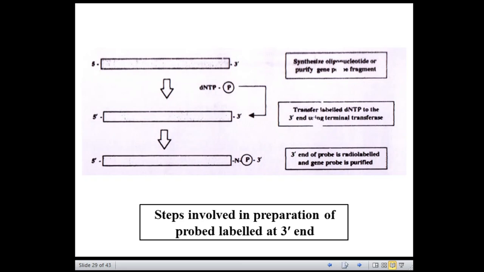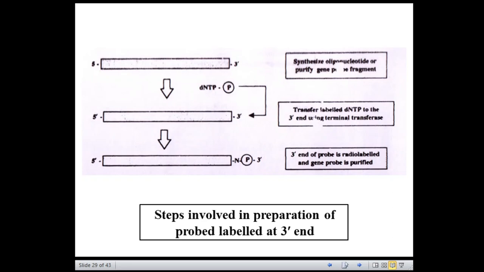End labeling methods also suffer from the fact that only one label is added to the DNA, so they are of lower activity in comparison to methods which incorporate labels along the length of the DNA.